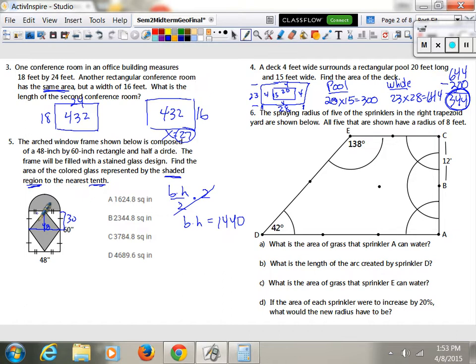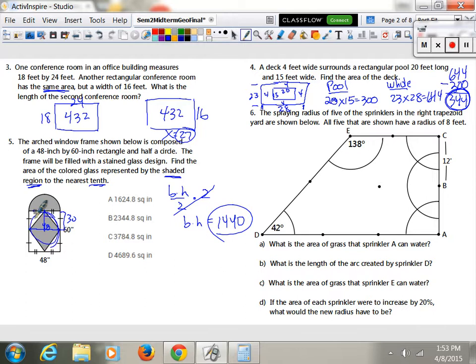That would be the shaded quadrilateral, which is actually a rhombus. They're all 4 equal sides. So 1440 is this inside area here.